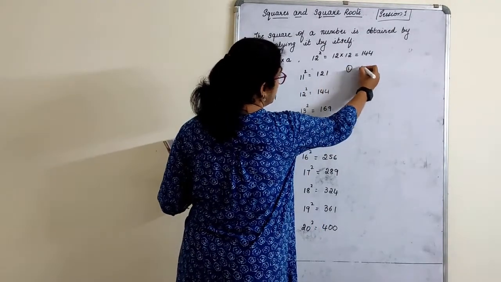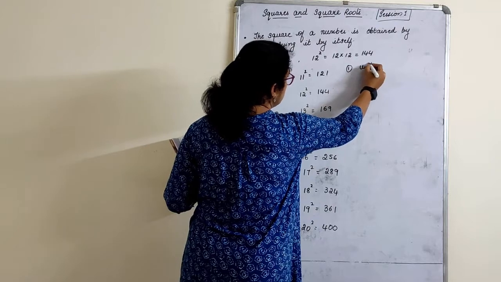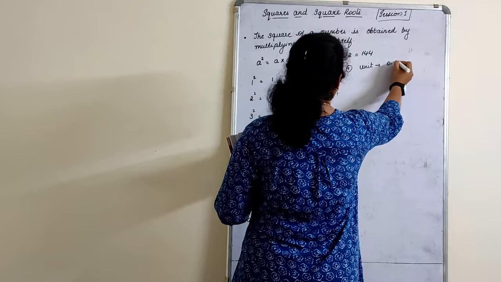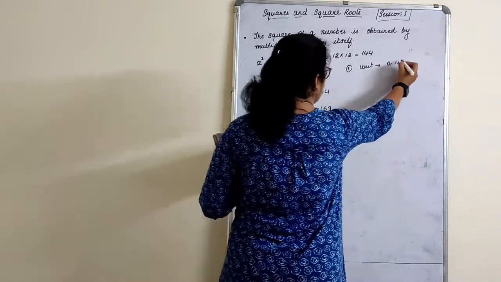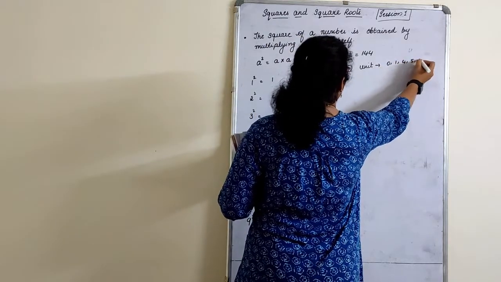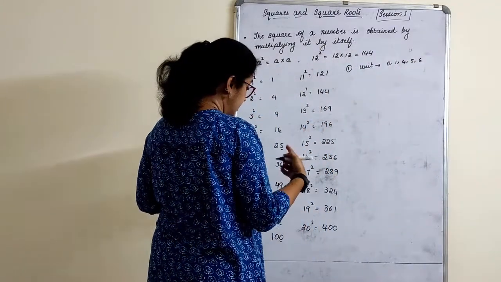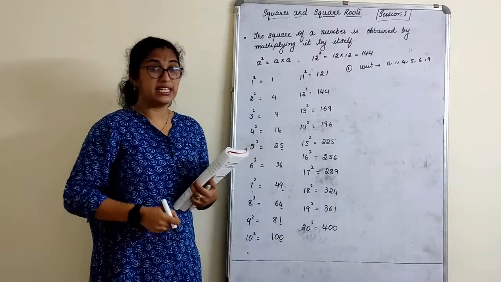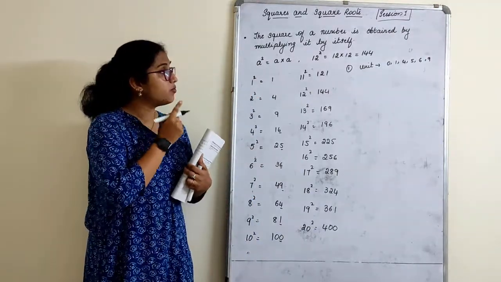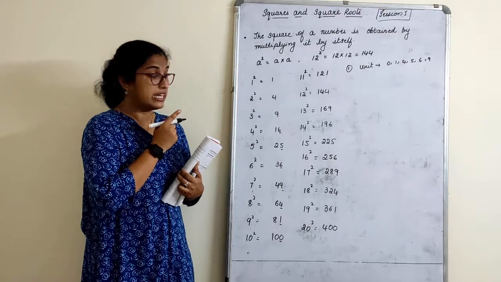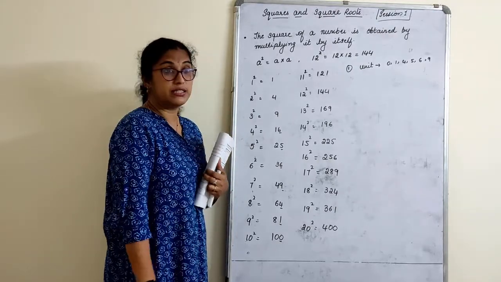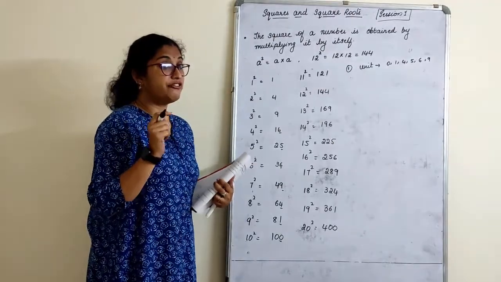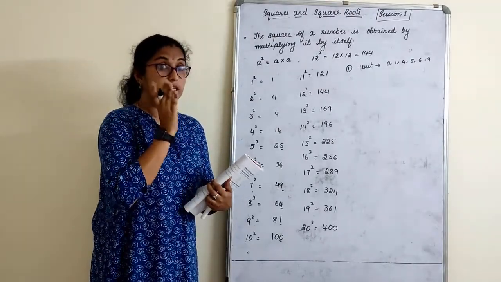So the first property: the unit place of a perfect square can be 0, 1, 4, 5, 6, or 9. So the perfect squares can only end with 0, 1, 4, 5, 6, 9. Is there anything else apart from this it can end with? No. So we have to always make sure that the perfect square ends with these numbers in the unit place.